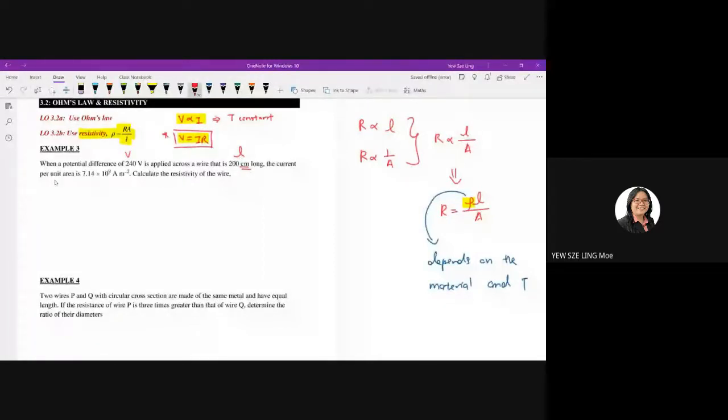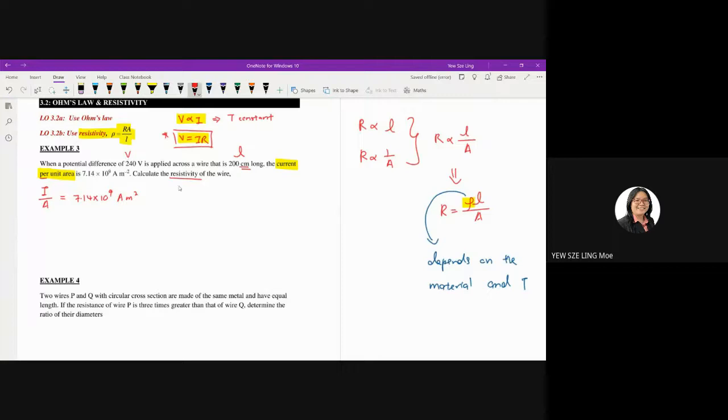The current per unit area, meaning this is actually your I over A, is given as 7.14 times 10 to the power of 9 A/m squared. Calculate the resistivity of the wire.